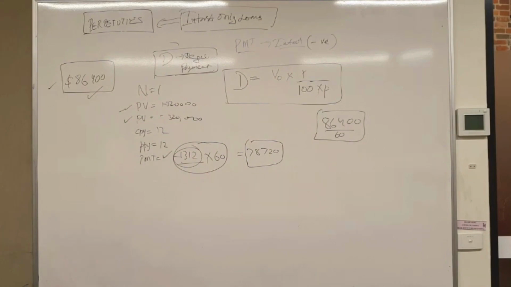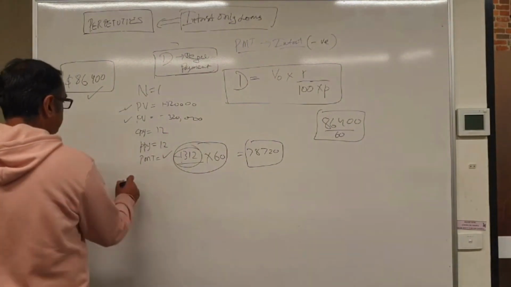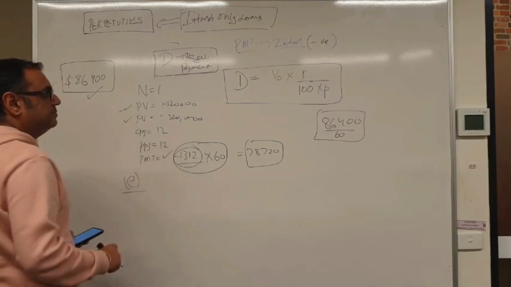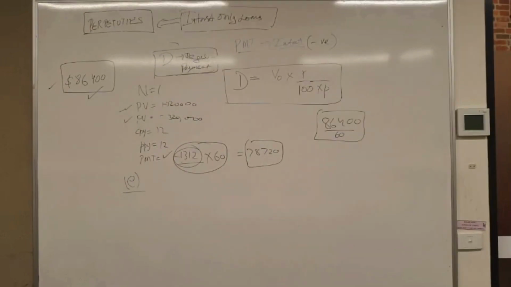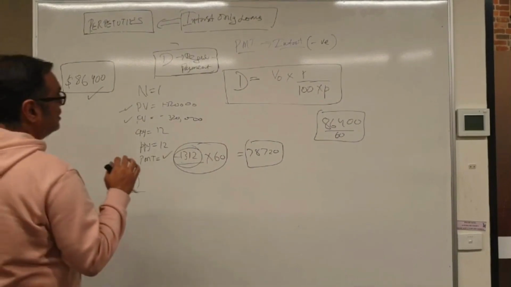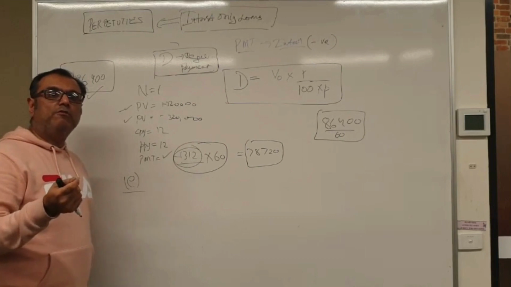Let's go to E, the next part of the question. The trick in these questions is when to use the financial solver and when not to.